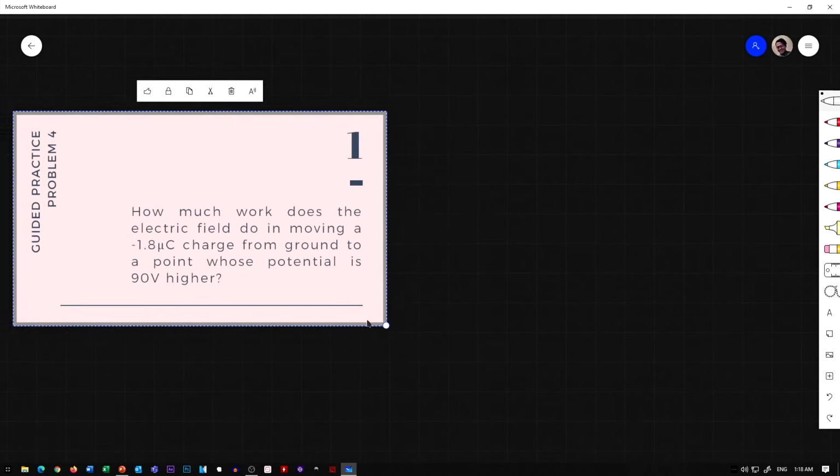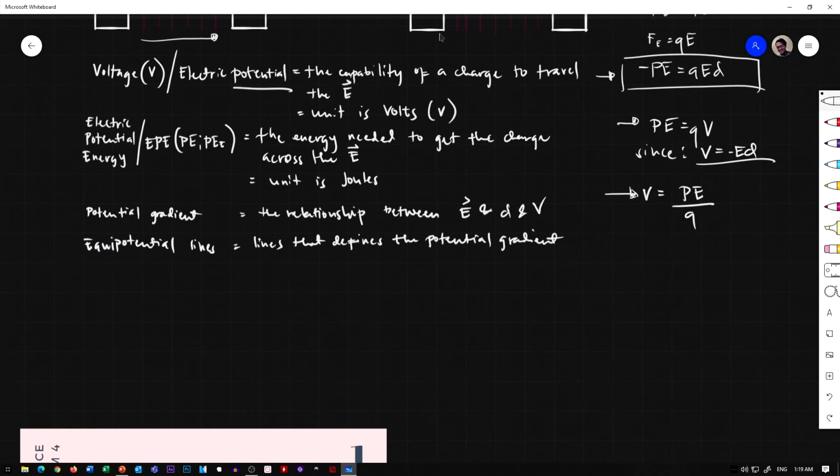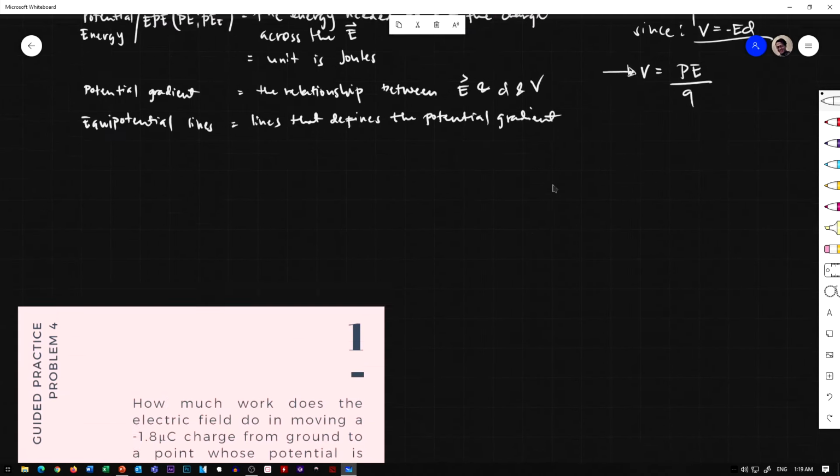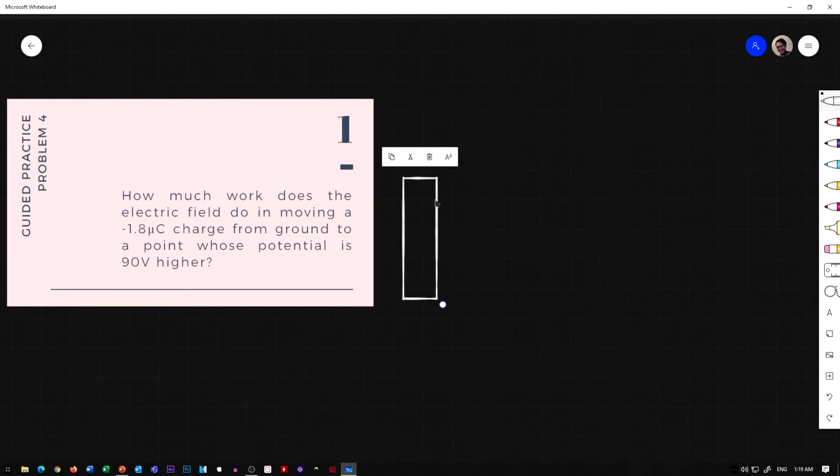How much work does the electric field do in moving a negative 1.8 microcoulomb charge from ground to a point whose potential is 90 volts higher? So I'm just going to copy the rectangle here, so it won't be difficult to draw. Let's place this rectangle here.